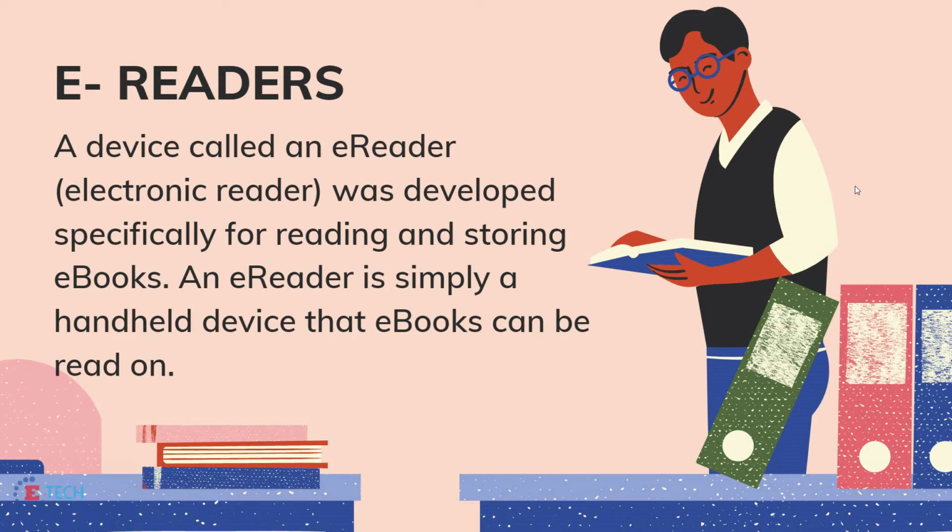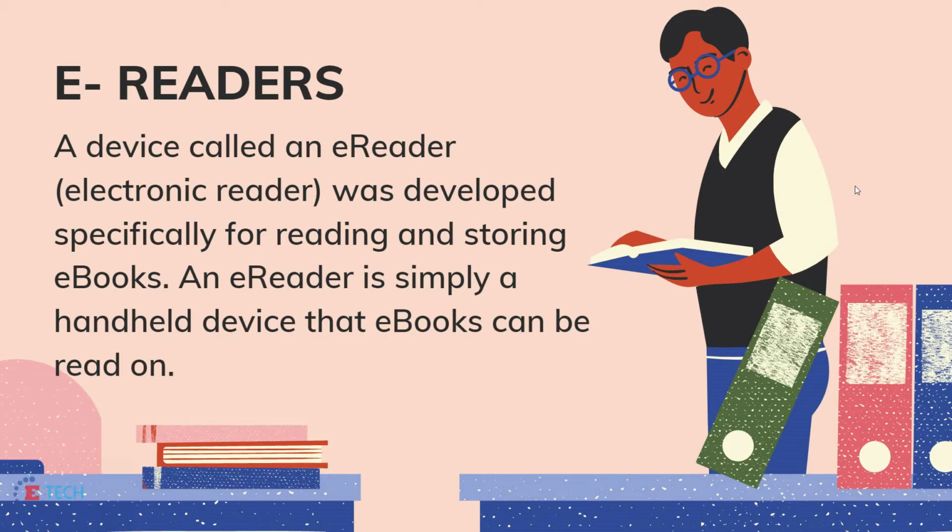Moving on, e-readers. What are e-readers, you may ask yourself. A device called an e-reader, or electronic reader, was developed specifically for reading and storing ebooks. Before continuing, an e-reader is, as the definition mentioned, only and solely developed to read ebooks. Nothing more, nothing less.